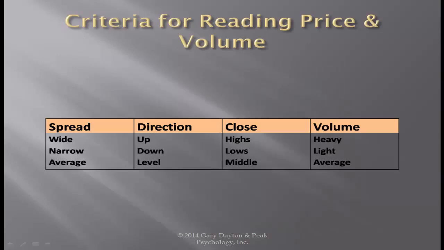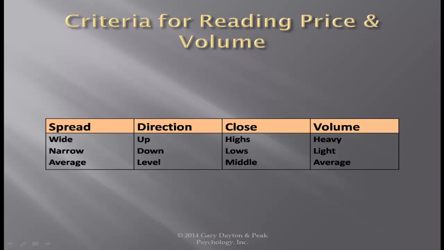Okay, so when we look at price bars, we've got four basic things that we're looking at. We talked about the spread or the range being the difference between the high and the low of the bar. Okay, so we can have a wide spread, we can have a narrow range, or we can have an average range or spread.